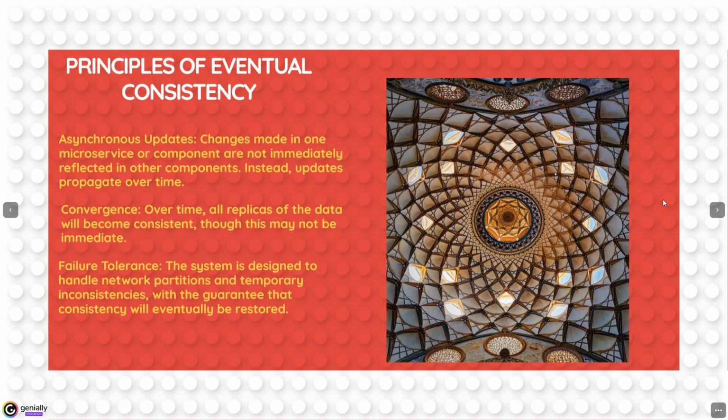Over time, all replicas of the data will become consistent, though this may not be immediate. Next, failure tolerance. The system is designed to handle network partitions and temporary inconsistencies with the guarantee that consistency will eventually be restored.